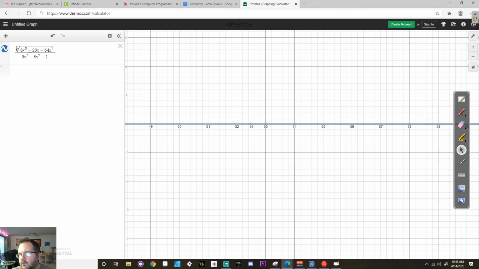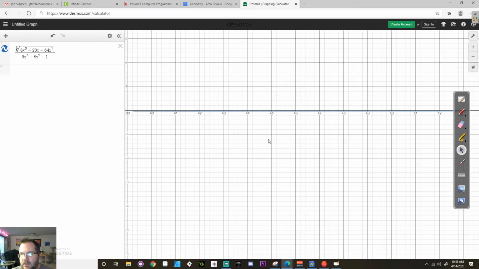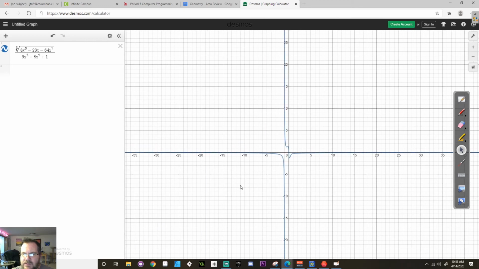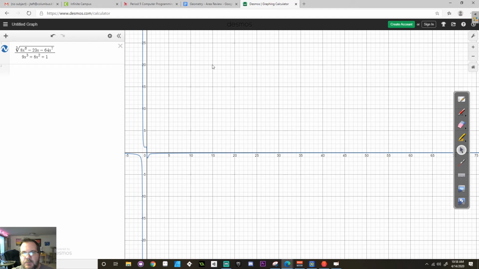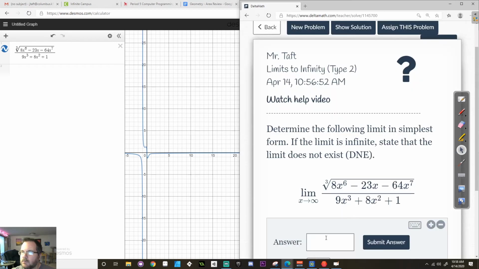Let's see if I go far out. It looks like it's approaching 0, and it's approaching 0 in both directions. In this direction it's approaching 0, and in this direction it's approaching 0. So as x approaches infinity, the limit of the entire function is 0.